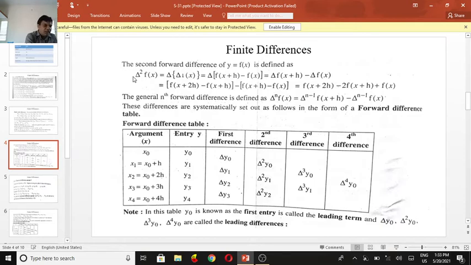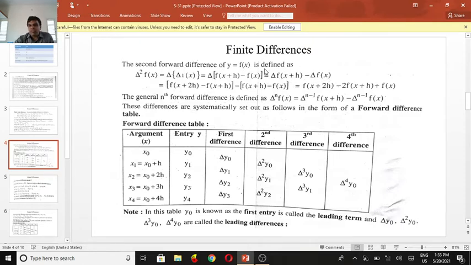Del f of x is f of x plus h minus f of x. So again if you apply del, it is del f of x plus h minus del f of x.